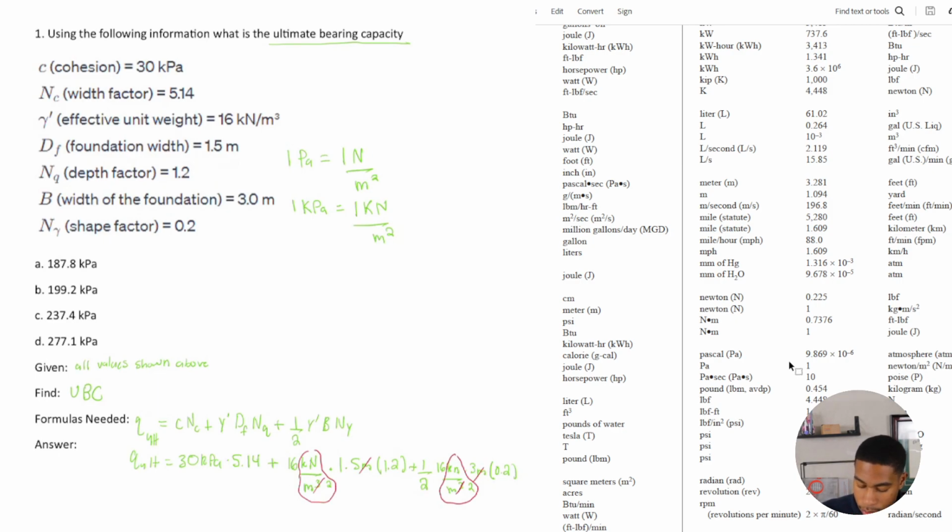So ultimately we just want to make sure that the units work. And so your Q ult is going to equal 187.8 kPa. Okay, and that is equal to A.